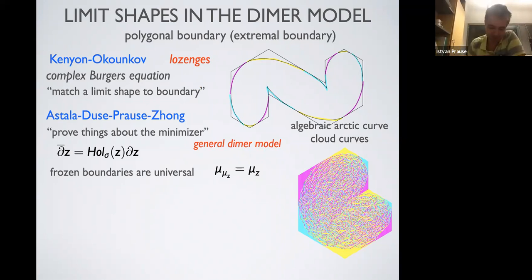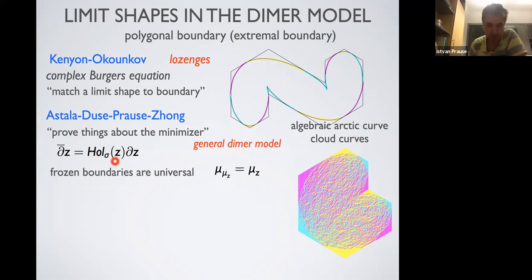We also introduced this complex variable in a slightly different but equivalent way, in terms of a partial Legendre transform. In that case, the Euler-Lagrange equation becomes such that the d-bar of this complex function z becomes something holomorphic of the same function z times the d of z.